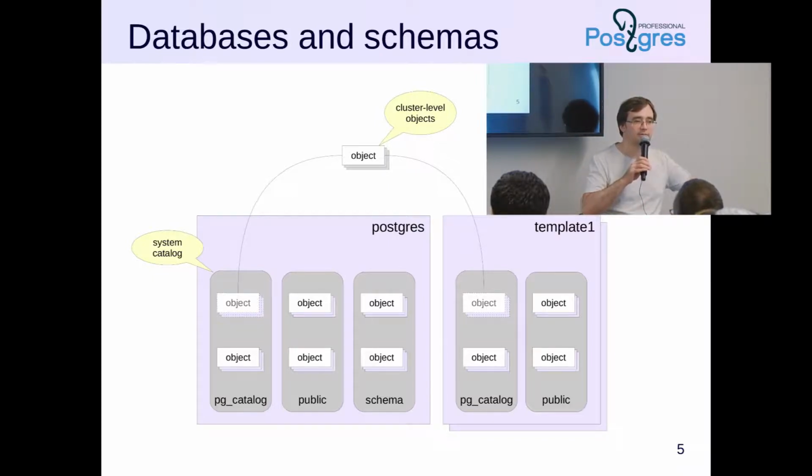There are several global system catalog tables, and they are stored differently, and you can query these tables from any database which you connected to. You can connect to postgres, you can connect to another database, and you will see the same data because these are global objects.